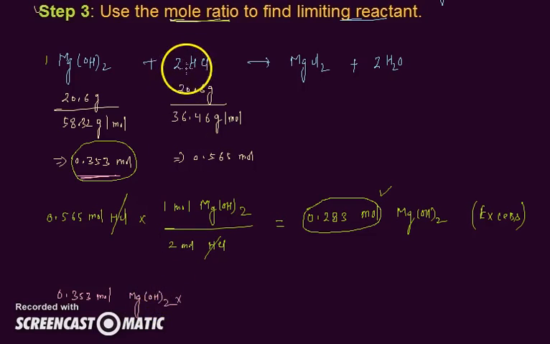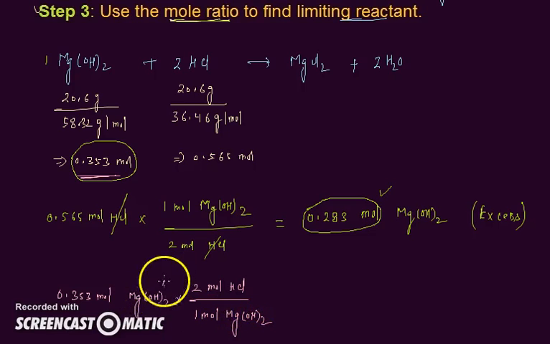Here in the equation you can see that 2 moles of hydrochloric acid react with 1 mole of magnesium hydroxide. The mole ratio between these 2 reactants is 2:1. I mentioned here 2 mole HCl react with 1 mole magnesium hydroxide.